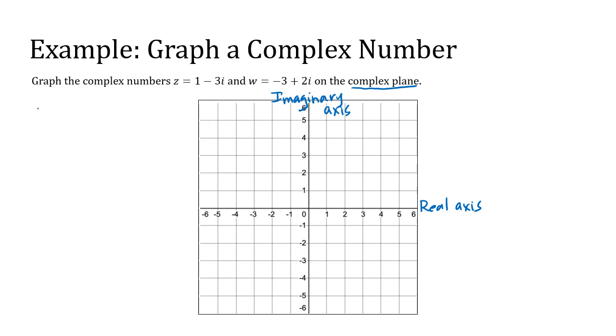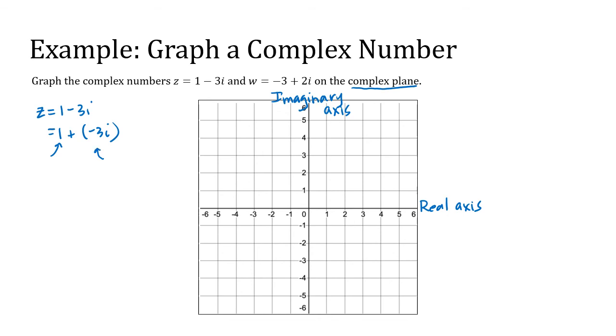All right, so we want to graph first z equals 1 minus 3i. Remember that 1 minus 3i is the same thing as 1 plus negative 3i. And also, we learned on the previous slide that what that means is that we can plot this complex number simply by identifying what the real part is and what the imaginary part is.